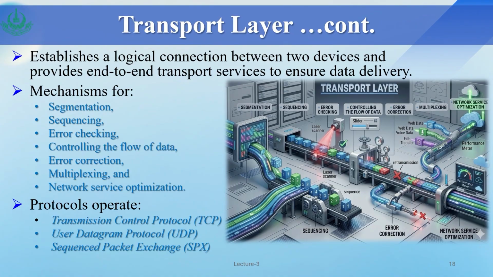The transport layer establishes a logical connection between two devices and provides end-to-end transport services to ensure data delivery. The mechanisms for transmission are segmentation, sequencing of packets, error checking of packets, controlling the flow of packets, error correction during transmission, multiplexing, and network service optimization.